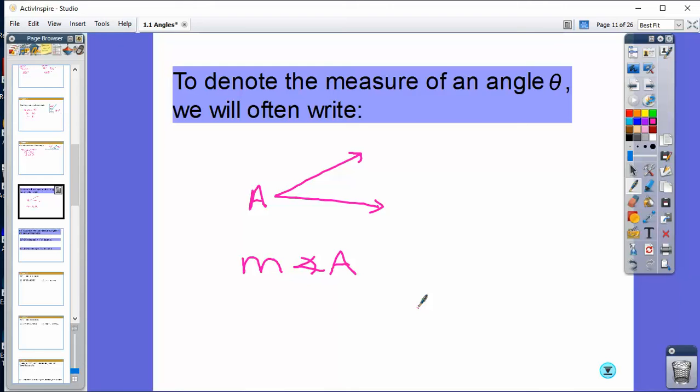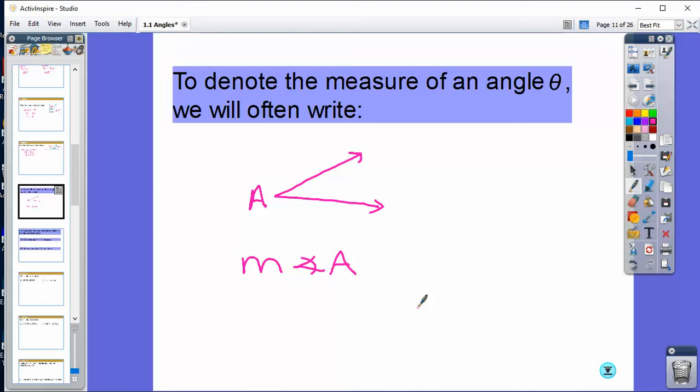And so to do this, they use a notation called degrees, minutes, and seconds. So we've seen decimal degrees before, 24.5 degrees, that's nothing new. But degrees, minutes, and seconds is another notation that's often used.